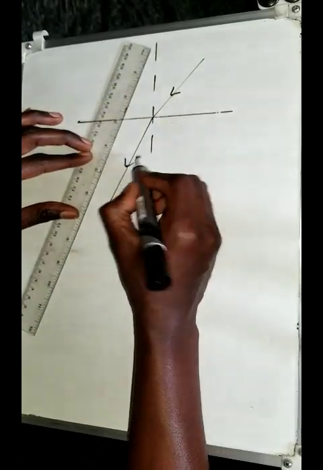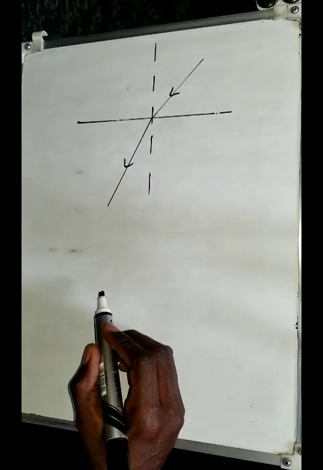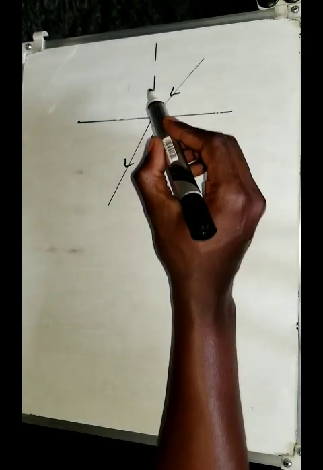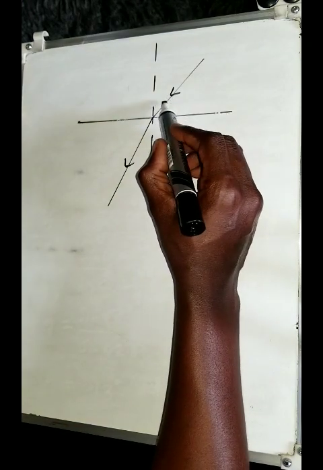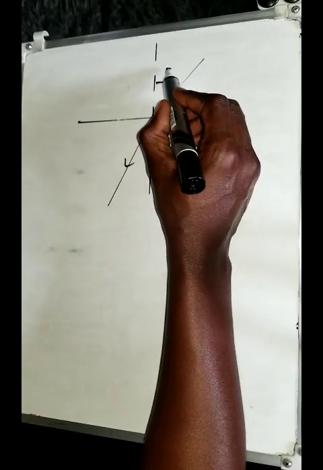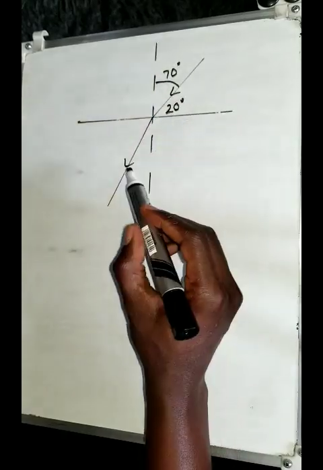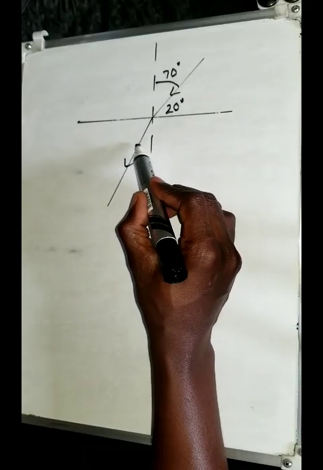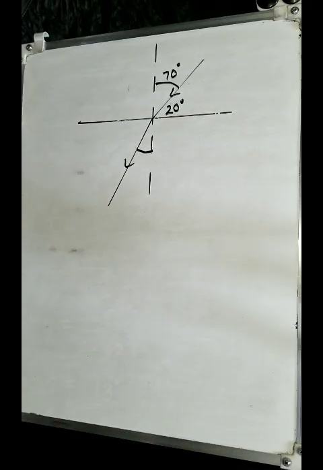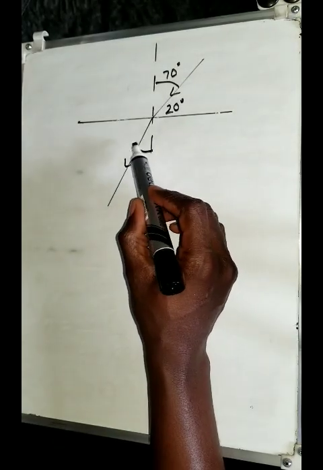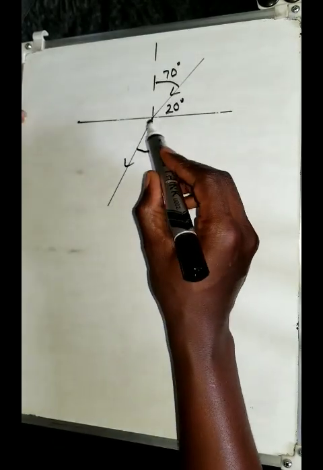So what we can do is that we can give you a whole range of angles. For example, I can simply give you 20 degrees, I can give you 70 degrees, and maybe I can give you an angle there which is slightly smaller in this case.